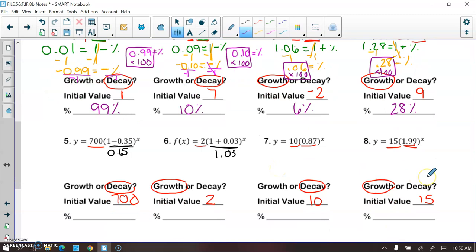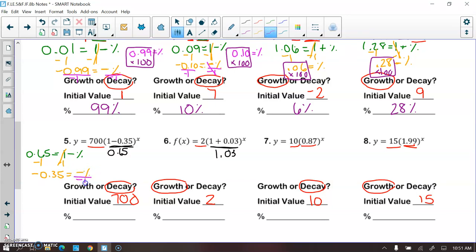Number 5. My actual b value after I simplified is 0.65. This is decay. So I take that 0.65, I set it equal to 1 minus my percent expressed as a decimal. I am now going to subtract 1 from both sides to get negative 0.35 is equal to my negative percent expressed as a decimal.